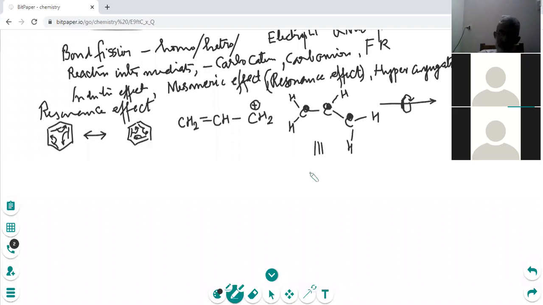Draw the structure. This hydrogen will come to the front. This hydrogen will go behind. This also will go behind. And this whole group will come to the front. So it will look like this here. And now your p orbital will be like this.